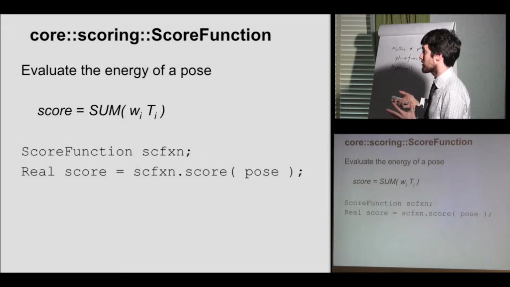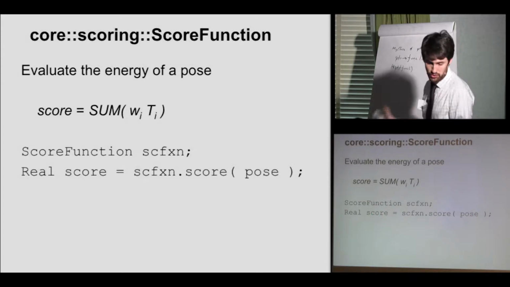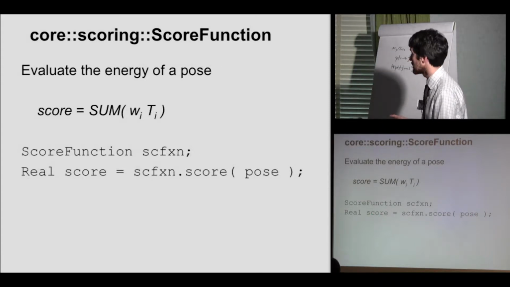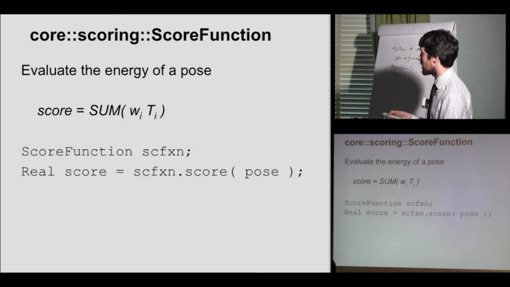If you wanted to score a pose, you define a score function, and if you wanted to change the parameters, perhaps you would do that. Then to score it, there's a function called score, where you pass in a pose, and it returns a real score. Yes? What are the W and T? W are real numbers that are weights, and T are the score terms.